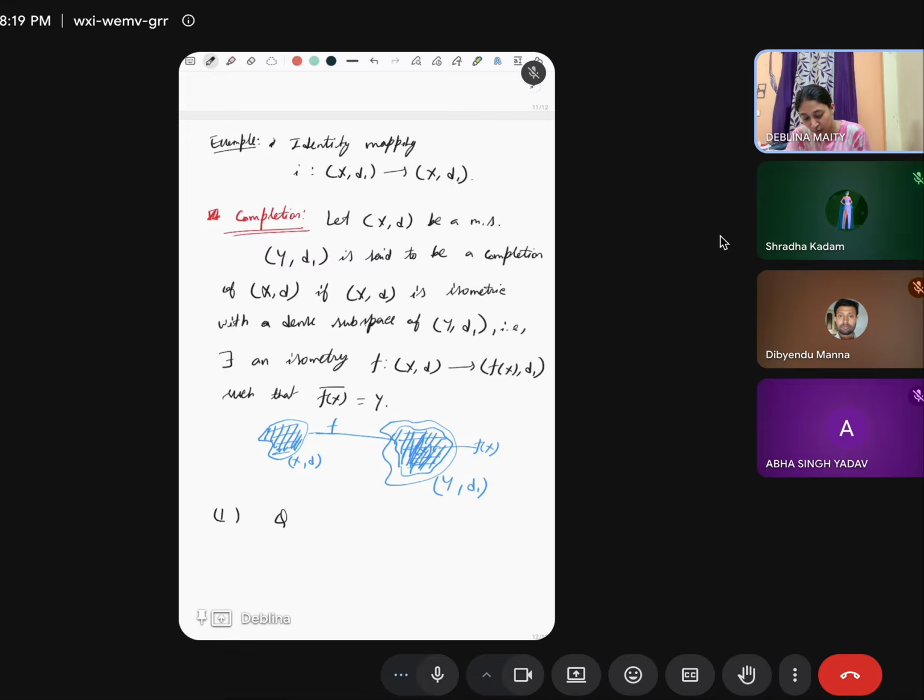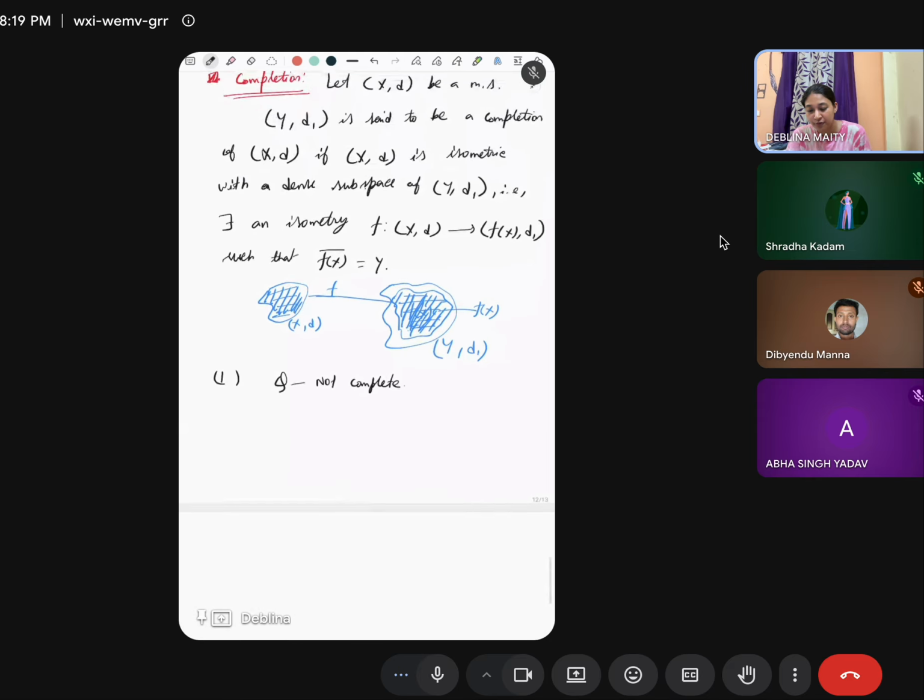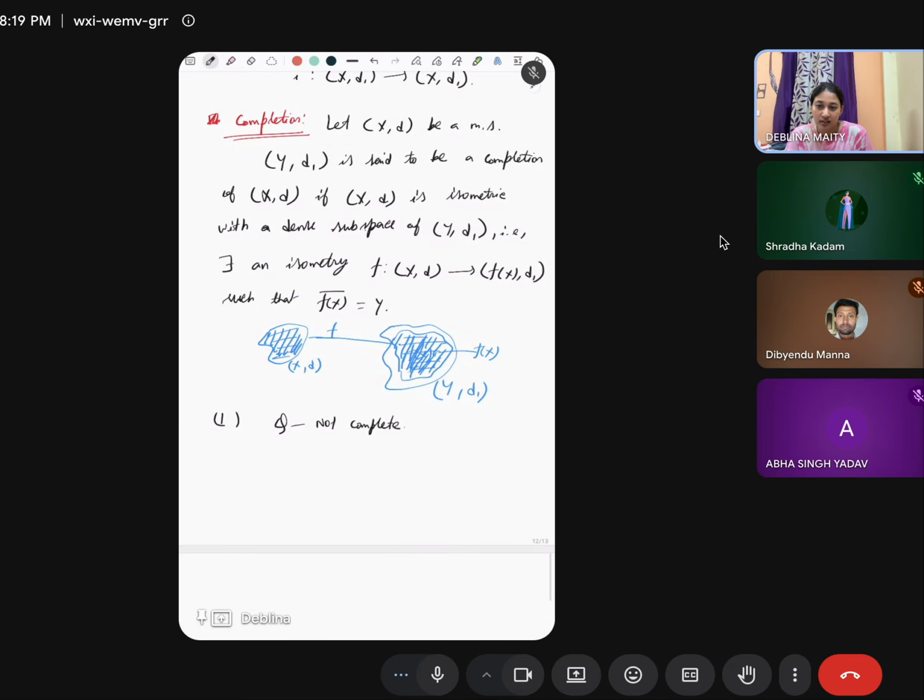So Q is not complete, and a completion of Q is R. Why? What is the isometry here? The isometry here is the identity mapping, because I from Q to Q is the identity. So the identity is always an isometry.